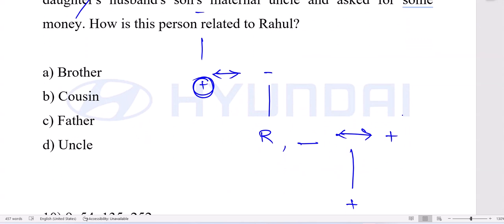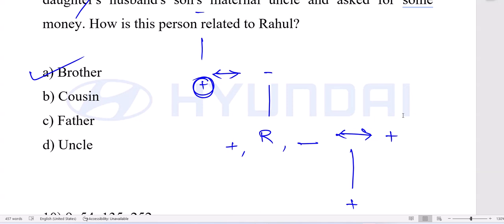For this guy, maternal uncle means mother's brother. So this person's brother is Rahul, but Rahul himself is not given. Means Rahul may have some other brothers also. They didn't mention that Rahul's mother has only one son. Rahul may have some brothers and sisters also. So yes, brother is the answer.